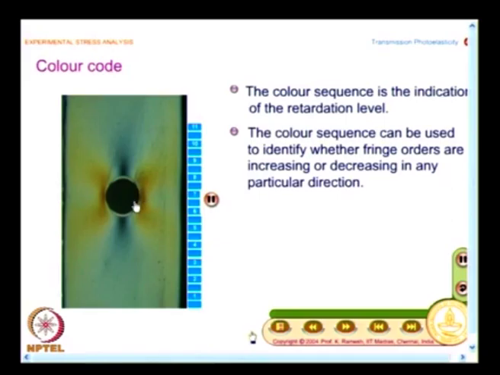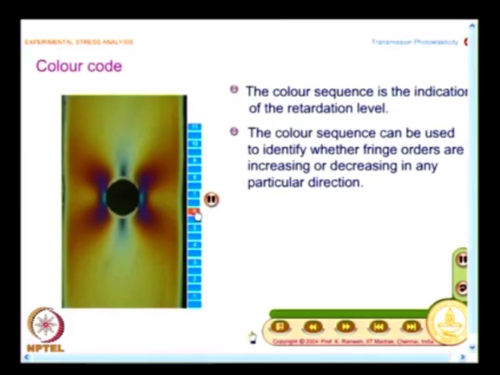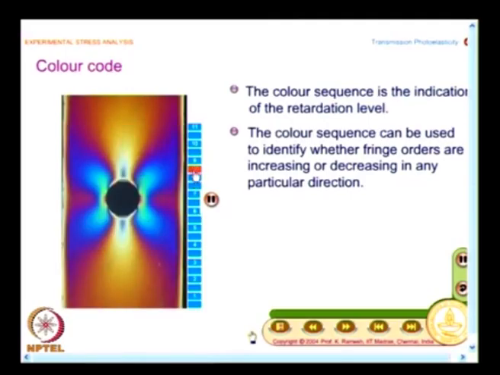They start appearing at a point where you have very high stresses. So, colors start appearing and then they move as you go by. This is a very complex problem, because it is a finite geometry and I can find out stresses only from an experimental approach.